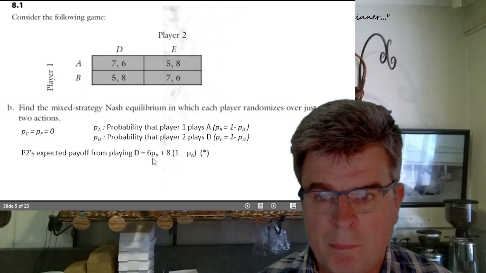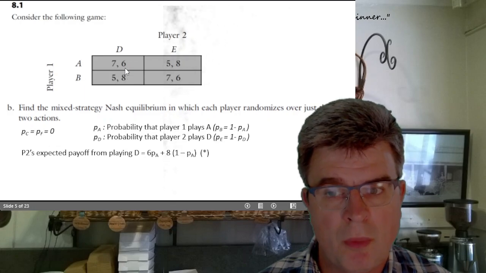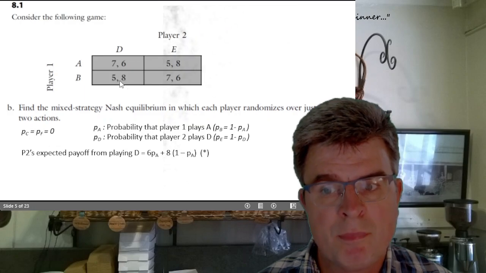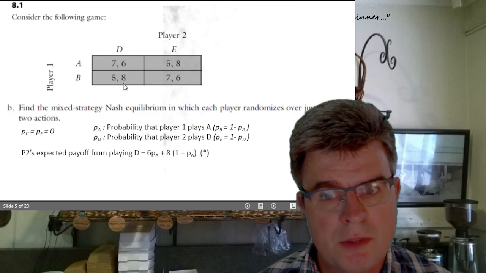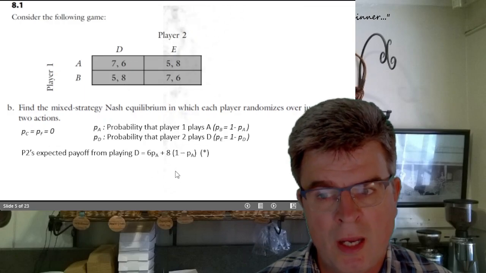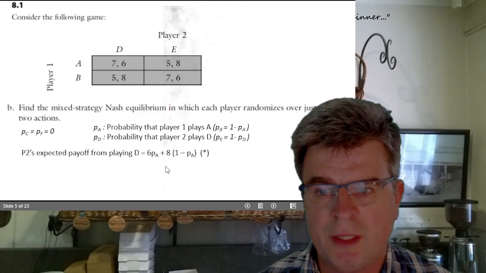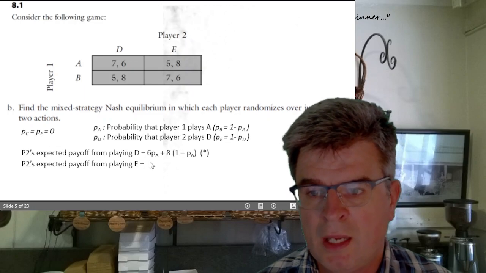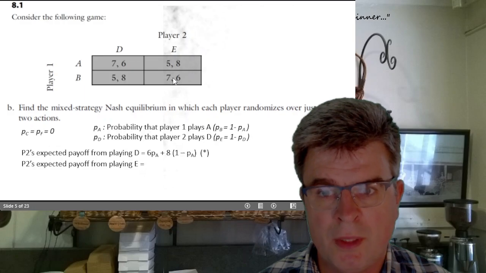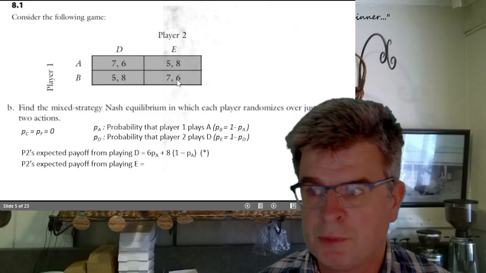With probability PA, player 1 will play A. In that case, player 2 will receive 6. And with probability 1 minus PA, player 1 will play B, in which case player 2 will receive 8. So the expected payoff, if player 2 plays D, is this expression over here. Likewise, if player 2 plays E, the expected payoff of player 2 is PA times 8 plus 1 minus PA times 6.